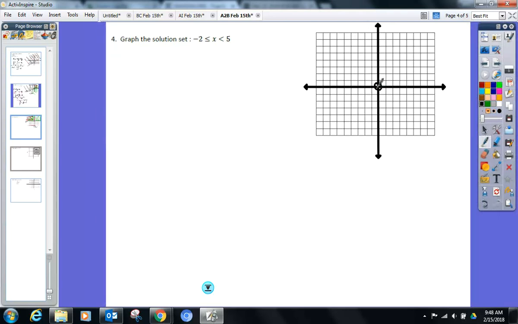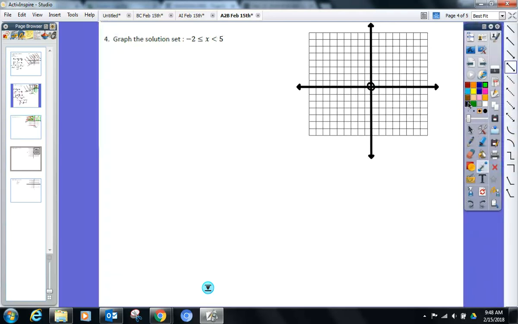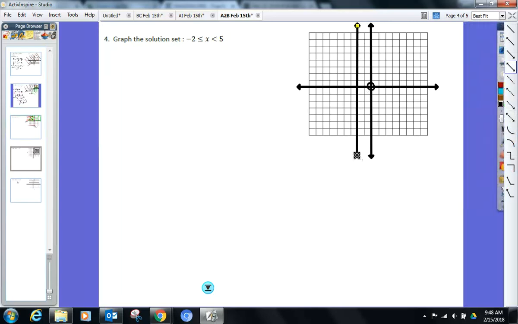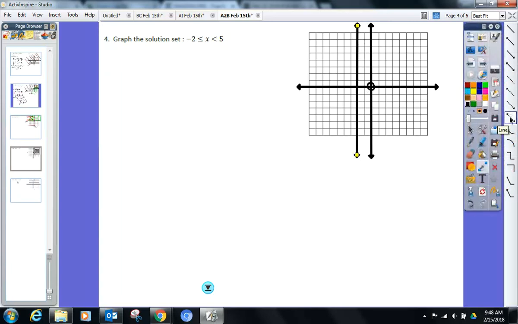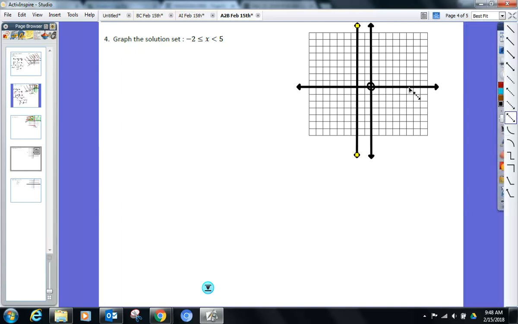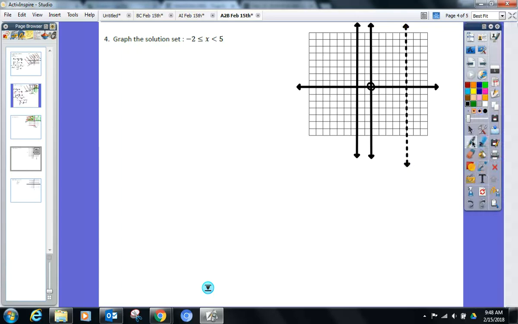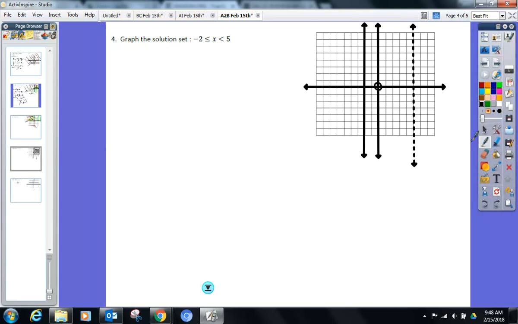Put my little oval there. So -2, solid line. 5, dashed line. Label at least one. Well, actually, we don't need to label anything here because this is just one entire graph. It's not separate.